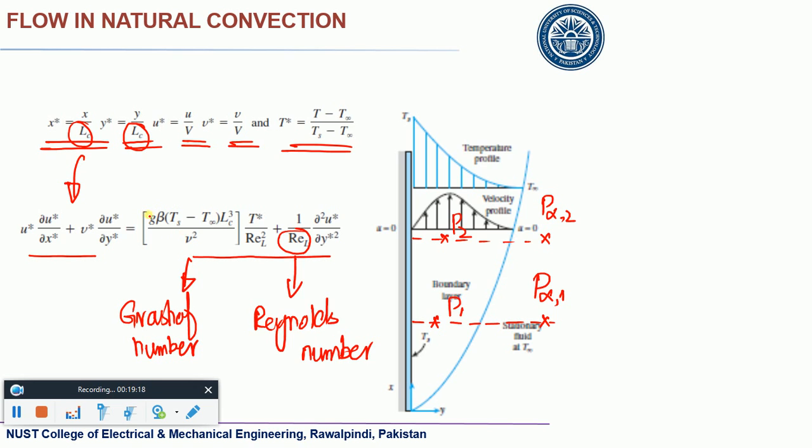Okay, this number is known as the Grashof number: g beta (Ts minus T infinity) L_c, the characteristic length cubed, over nu squared. This nu squared is the kinematic viscosity, and it is being multiplied by T star over Re squared L, right?